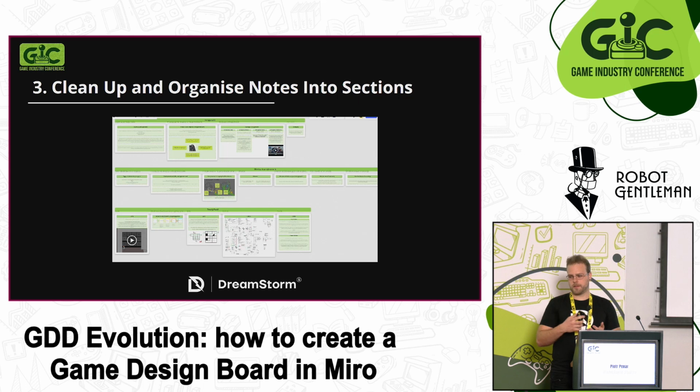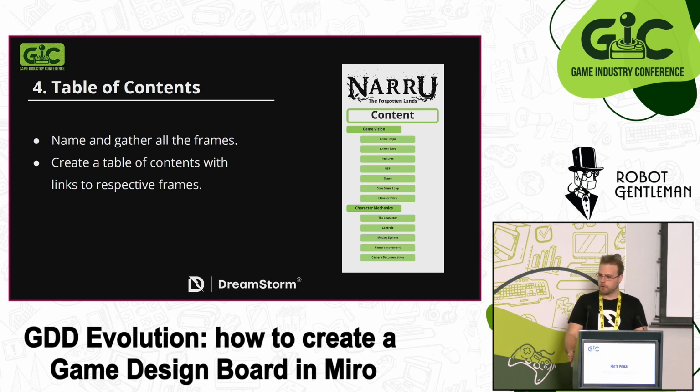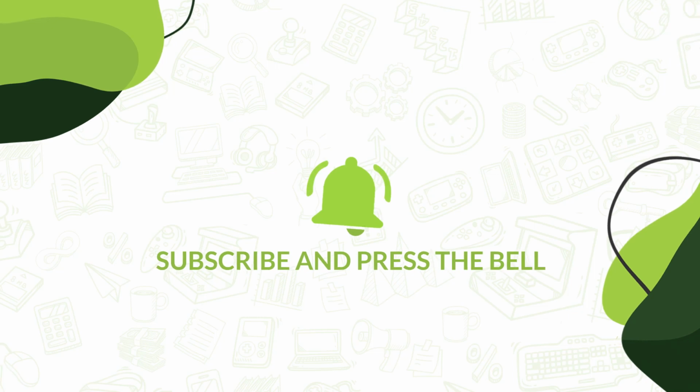And as you progress right, you get into more and more details, or more and more frames that describe this one specific component. We also added a table of contents, so you are able to link out to other frames and have a menu like in a Word document that you can use to quickly skip to different parts of the board and to move around it very swiftly.